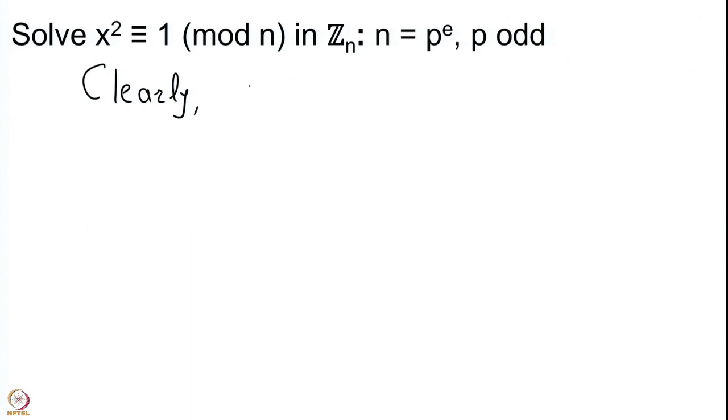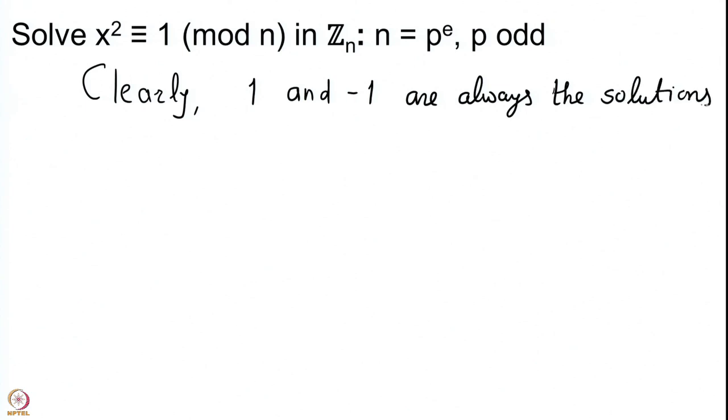God given solutions, 1 and -1, are always the solutions to x square congruent to 1 mod n for any n.